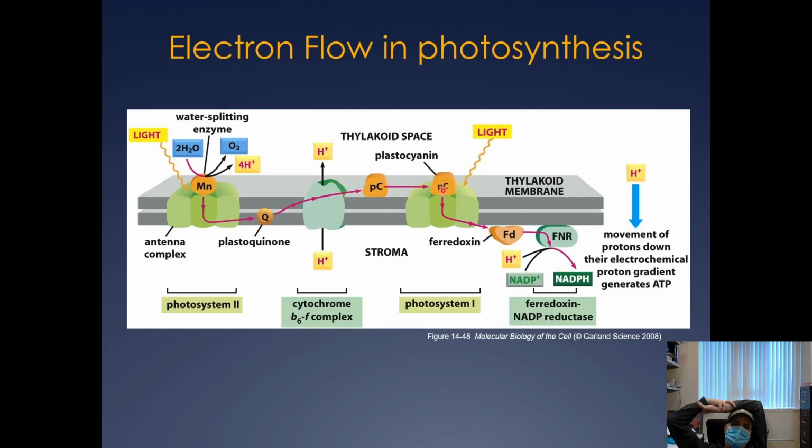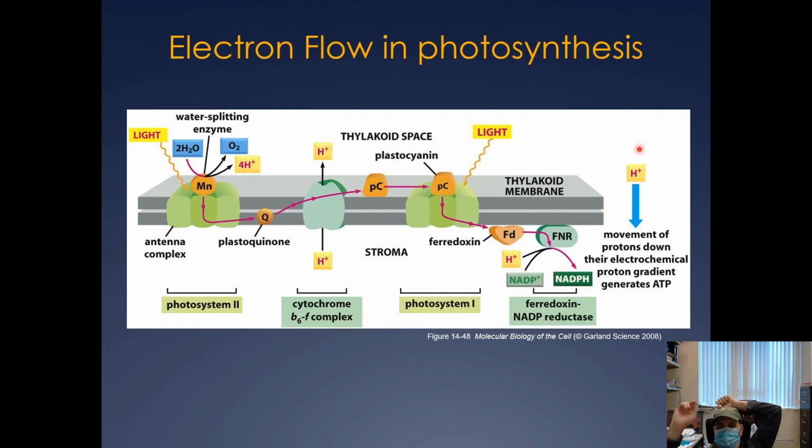The electrons in plastocyanin are delivered to photosystem 1, which then uses light energy to excite them, and eventually goes to ferredoxin, and then gets added to ferredoxin NADP reductase, which then basically reduces the NADP to high energy NADPH.